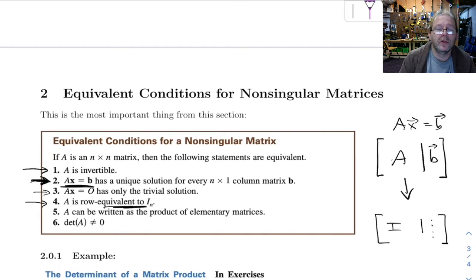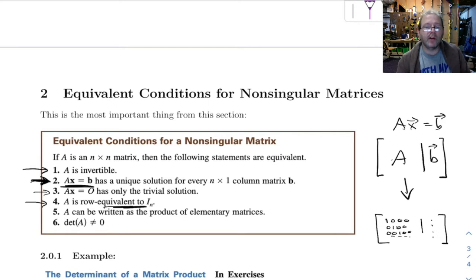And if it row reduces to the identity, that means there are no free variables. And it also means that every one of the lines here has a leading 1 on it. So this is going to be 1 and then a bunch of zeros, and so on.